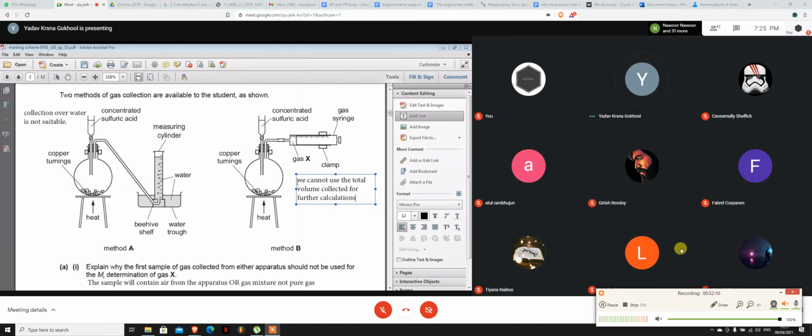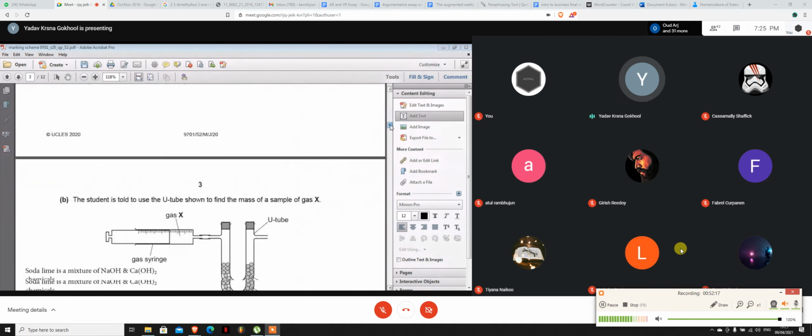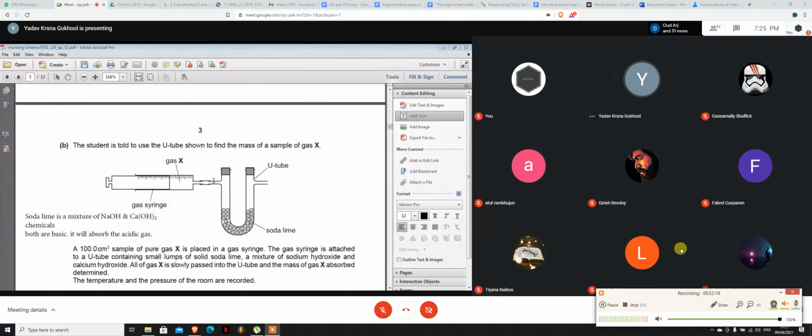So you see, we do not remove the impurities. So what they have done, they've taken the gas syringe and then they've passed it through soda lime.